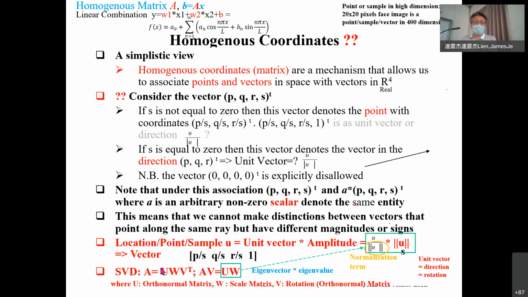U is an eigenvector, called eigenspace. What's W? W is eigenvalue. What's the V? V is a rotation matrix.